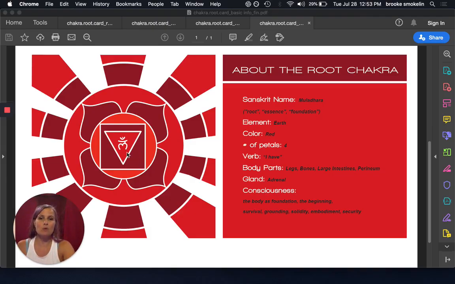This symbol inside here is actually a letter in the Sanskrit alphabet. It's Lam, the Bija mantra, L-A-M. We'll get into chanting the Bija mantra later, but each of the chakras has a Bija mantra. Bija means seed, and it's the seed sound. It vibrationally activates the energies of that particular chakra.